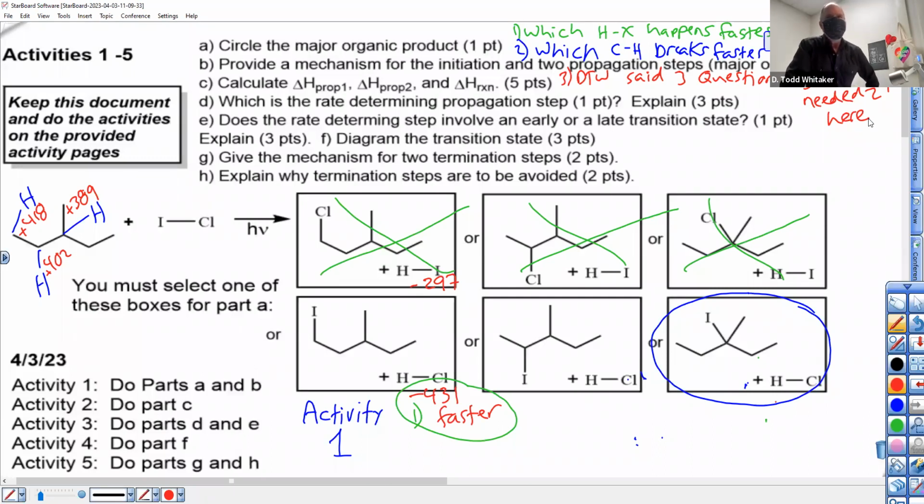And you only need to answer that if 2 of the products came from the same carbon radical. You have no idea what I'm talking about. It's okay. Don't worry. Just look for an example, like a worked example even, where you look in the key, and there's a third question there. This is what he was talking about. Let's do that one. But right now, we're finished.